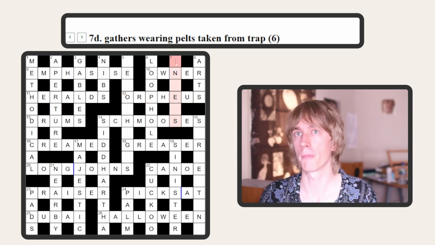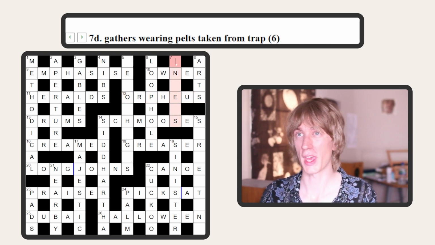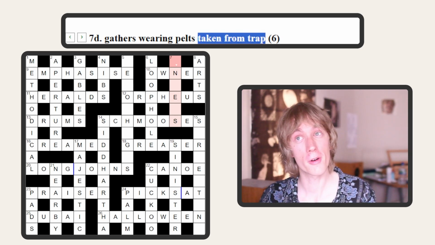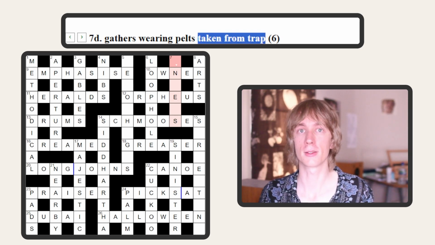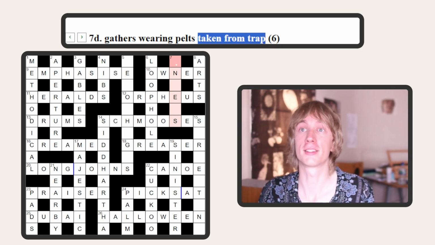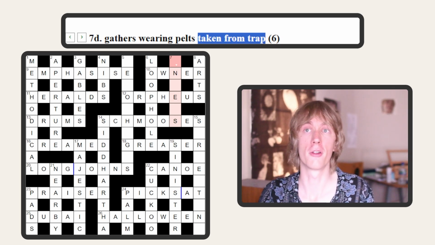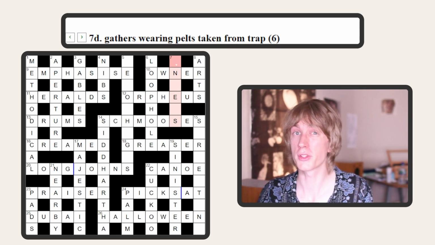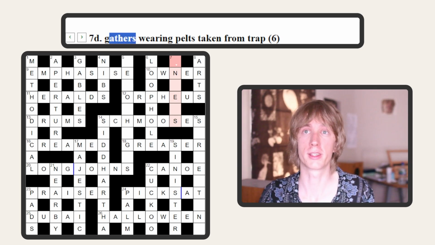Okay, 7 down. Gathers wearing pelts taken from trap. Okay, well here I can see another homophone indicator. If you take something from your trap, meaning your mouth, you're looking for a word that sounds like a word for pelts or a word for wearing pelts, which tells us that our literal is the word gathers.